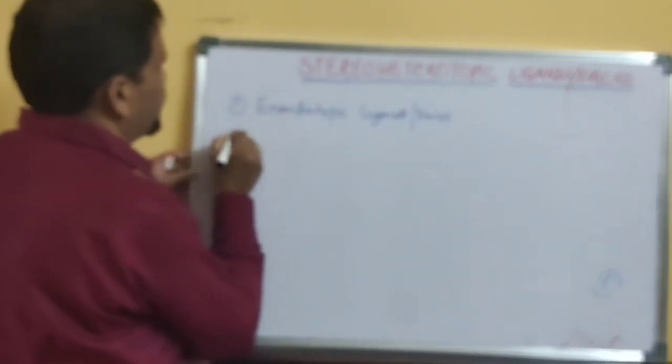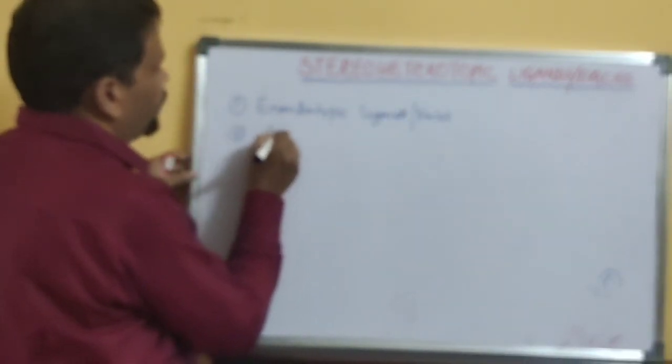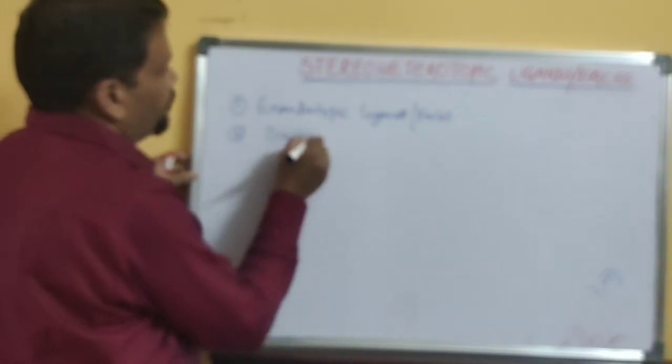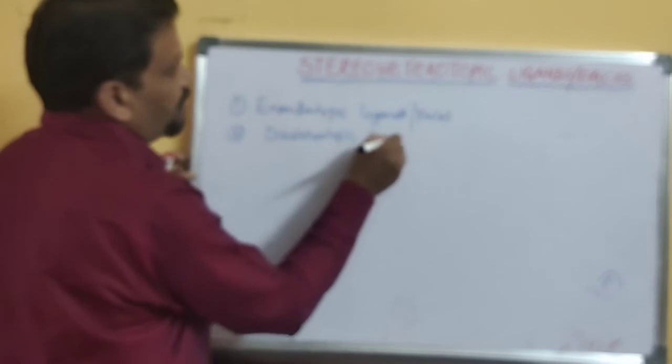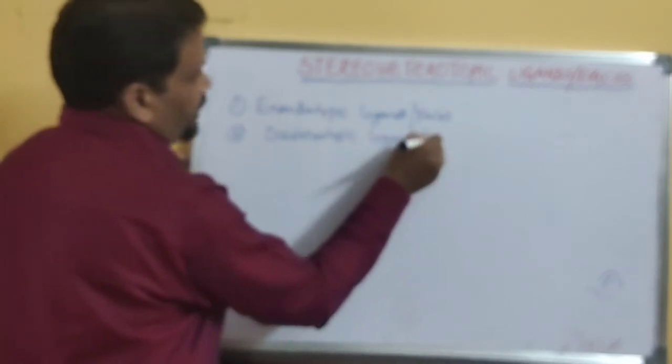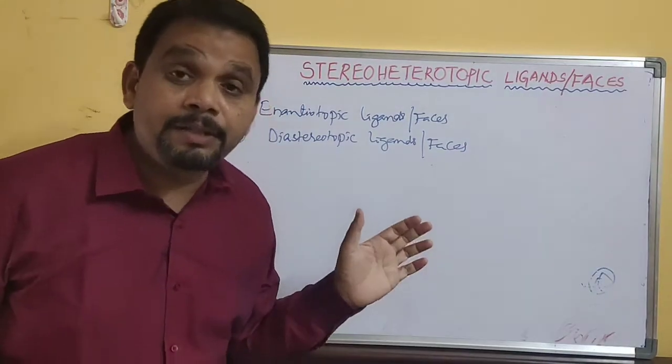The second one is diastereotopic ligands or phases. How can they be decided?